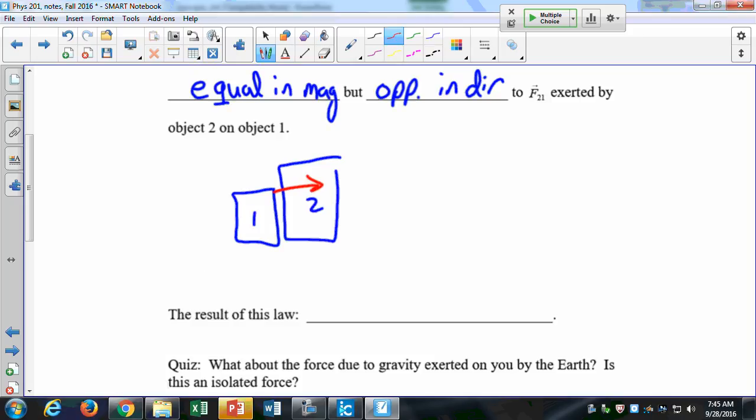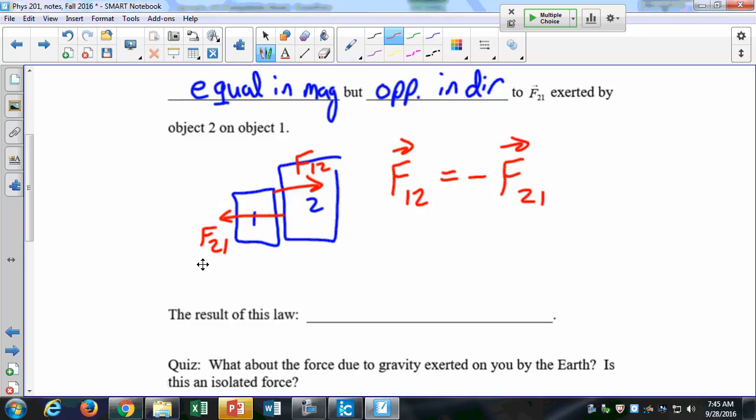Object 1 is exerting a force on object 2, and we'll call that F12. And in a similar way, object 2 is exerting a force on object 1, and we'll call that F21. And so what this law is saying is that F12 is equal to the negative of F21.